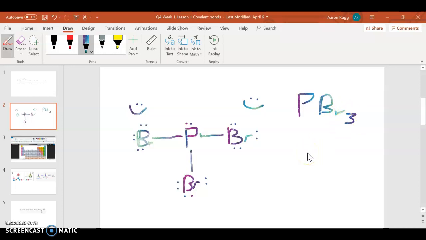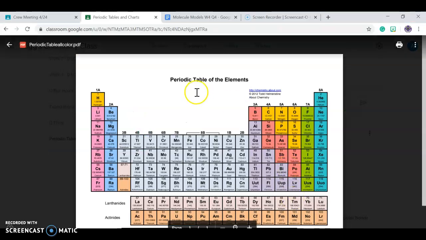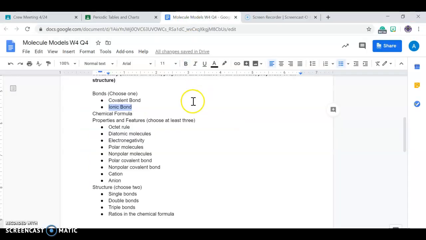Unlike with our ionic example, where it was a 1-to-1, we have a 3-to-1 ratio, right? 3 bromine atoms to 1 phosphorus. That's what I would be looking for there. What else can we talk about? Again, electronegativity, right? We can look at the differences in electronegativity. They're going to be close together, which will tell us that it's a covalent bond. But we also know just by the definition, covalent bond.